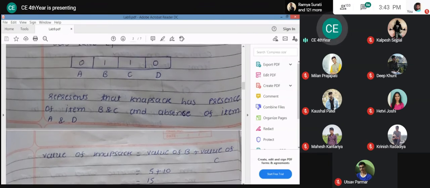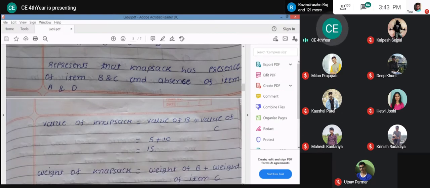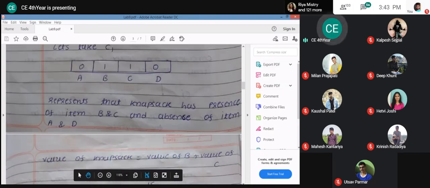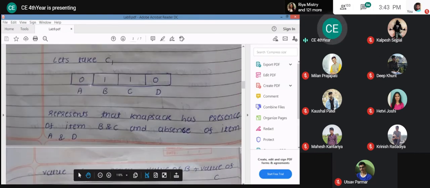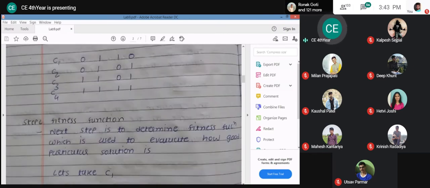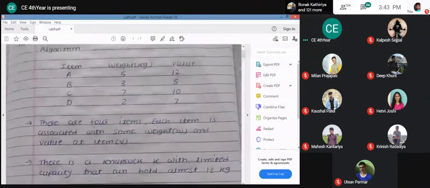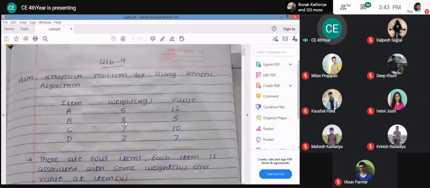So now how do we calculate the fitness function value? Here I am calculating two things: the value of the knapsack and the weight. In C1 it is 0, 1, 1, 0. That means which 2 items are present in the knapsack? B and C. So only B and C are present.